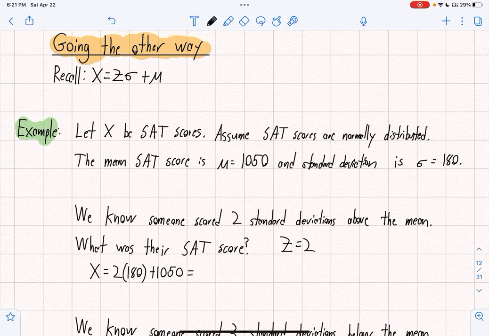So 2 times 180 would be 360. 360 plus 1050 would be a score of 1410. So if someone scored 2 standard deviations above the mean, then their SAT score was 1410.